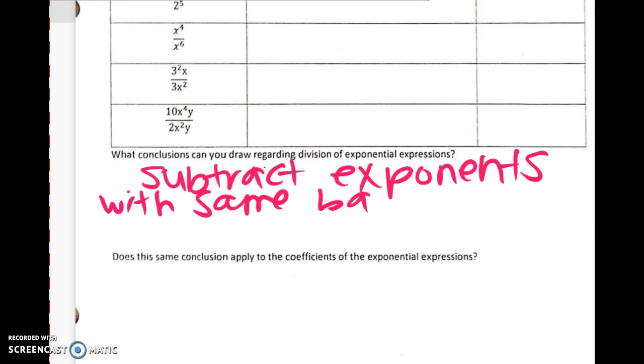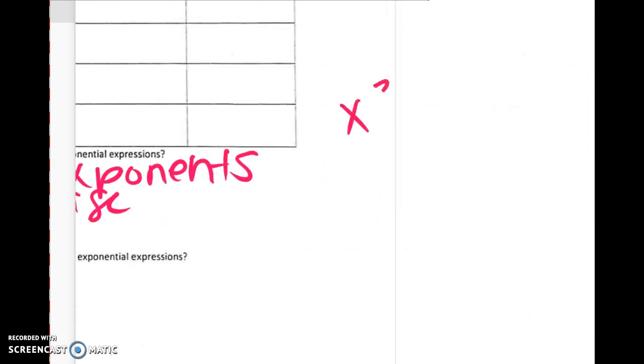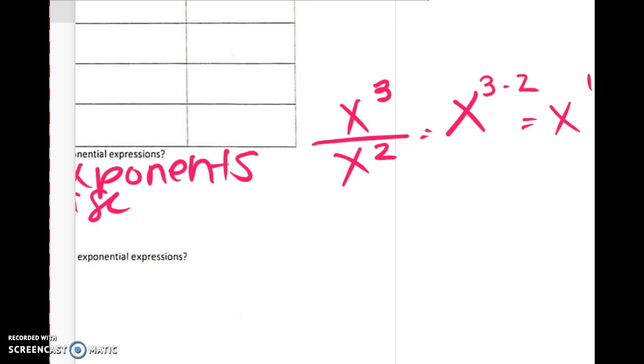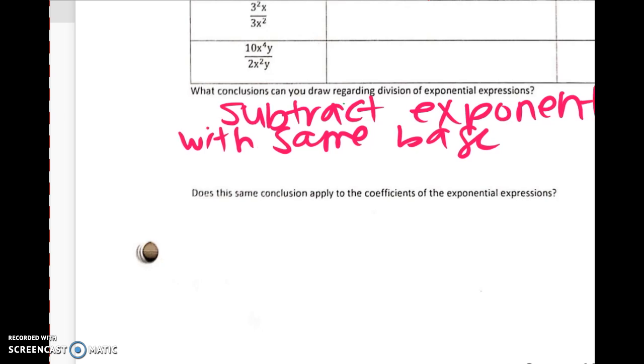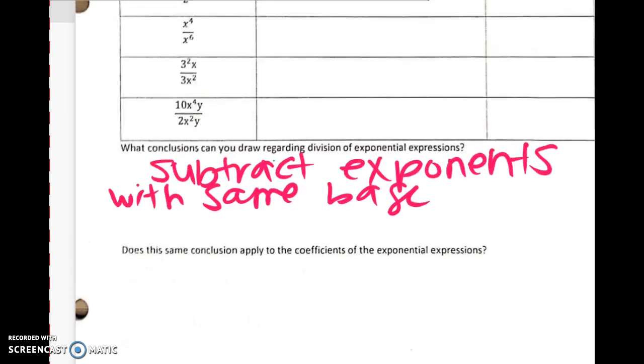Same base. So if I had the problem x to the 3rd over x to the 2nd, those both have the same base of x, and 3 minus 2 is 1, so my final answer would be x to the 1st. Now my second problem, I asked, does this apply to the coefficients?